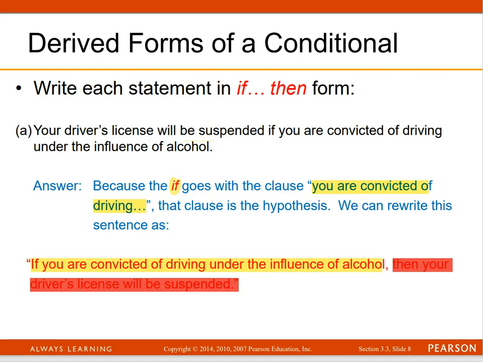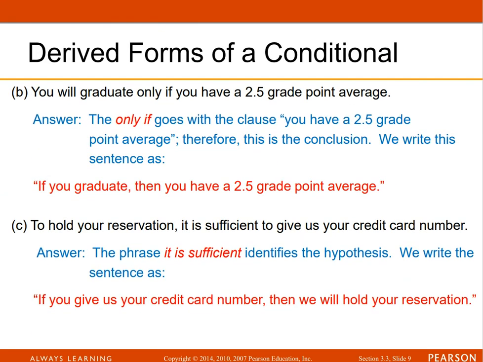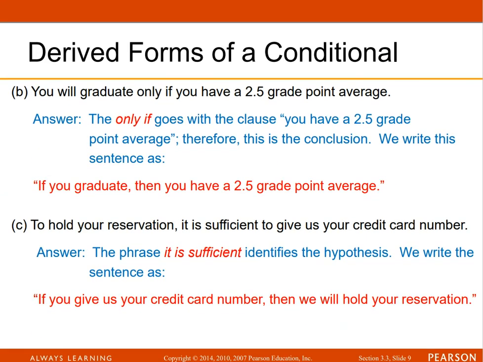All right, what's the next example? You will graduate only if you have a 2.5 grade point average. The only if goes with the clause, you have a 2.5 grade point average. Therefore, this is the conclusion.